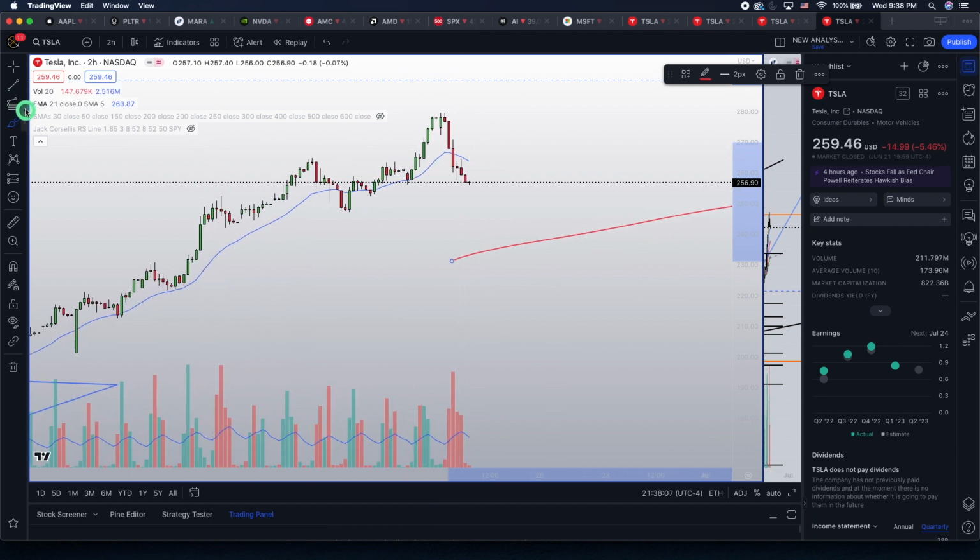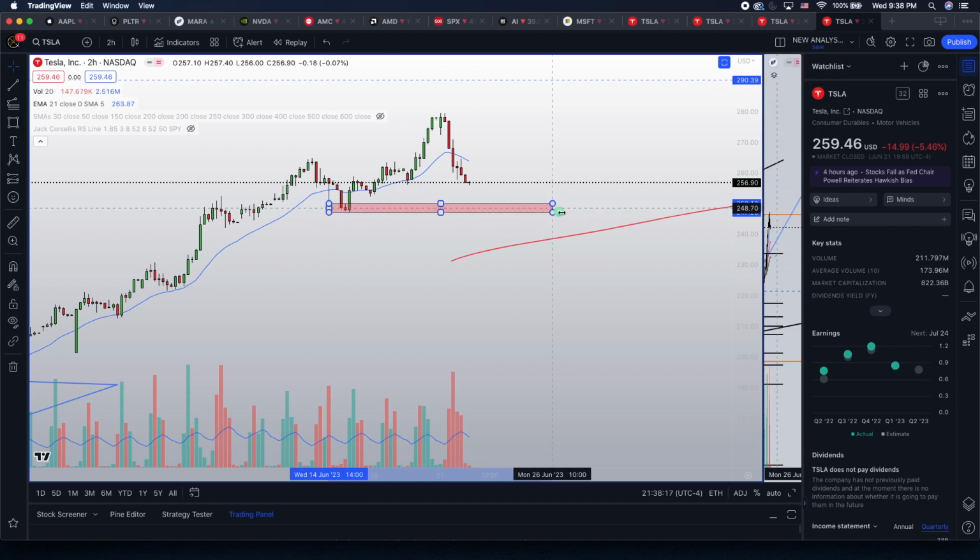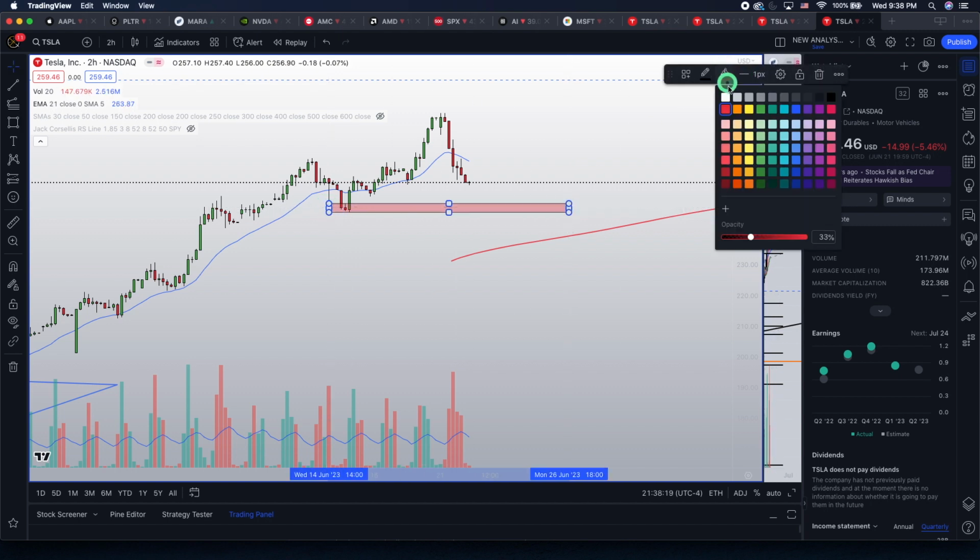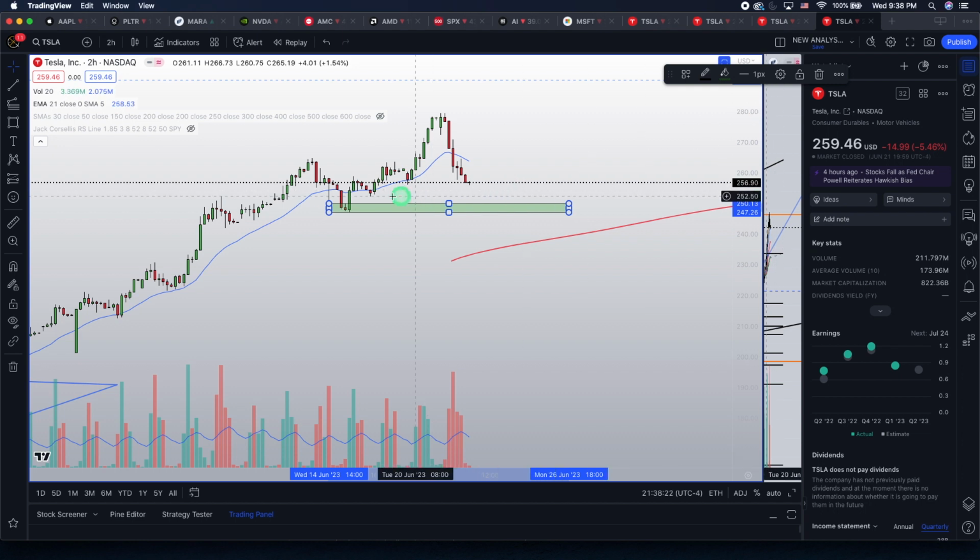So it looks like we have a major demand zone around this area here. Okay, this will be a demand zone. That's where we had our first rally.